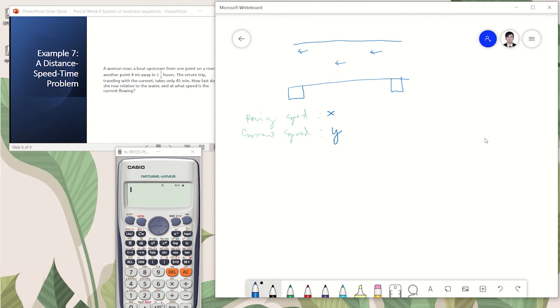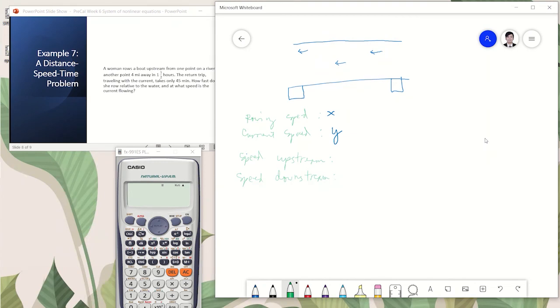There are two things happening here. There will be a speed upstream, considering both the rowing speed of the woman using the boat and the current speed of the water. Same with the return of the woman from her original location: the speed downstream.